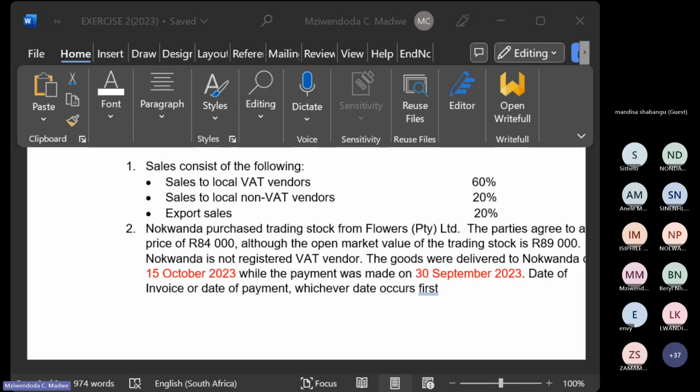Sithi-ke since the payment date occur first, occur before the delivery date, we are going to use a payment date because a payment date yenzeke before a delivery date.